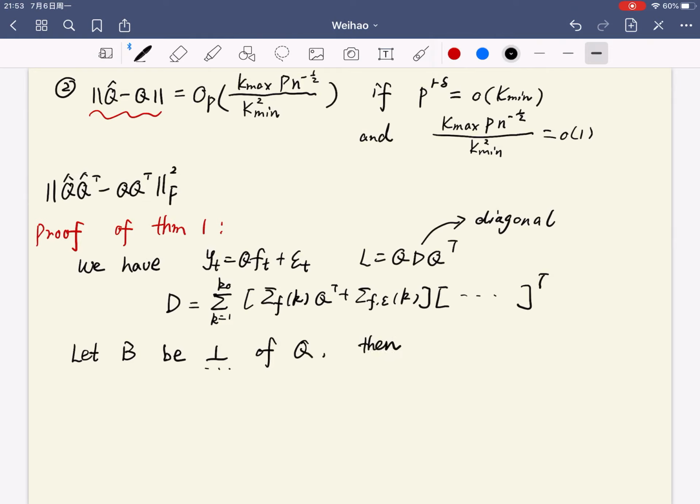Then Q transpose B is 0, which means LB is also 0, because L is equal to QD Q transpose. We can write it in the following block matrix format.